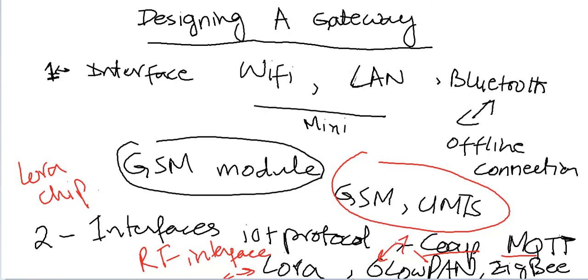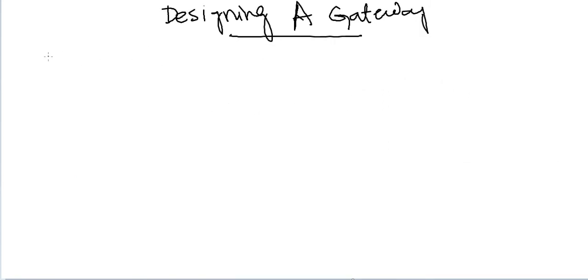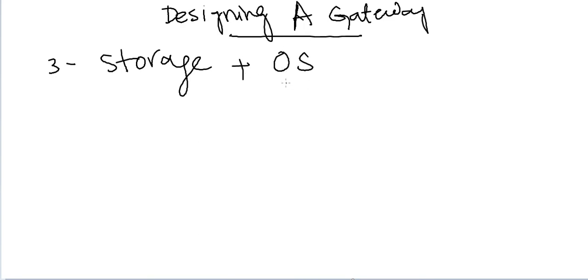And number 3, we need a device with storage plus an operating system, in order to store our software in it, which is going to collect the data, process it, analyze it and send it to the other direction, and actually it is bidirectional. So what can we choose for this? What can this device be?